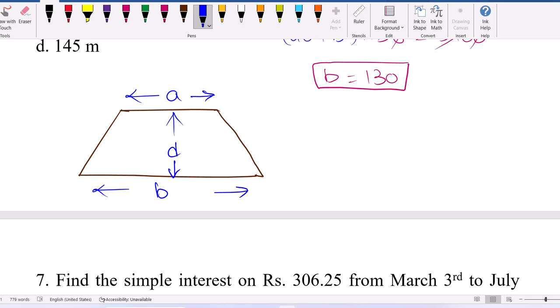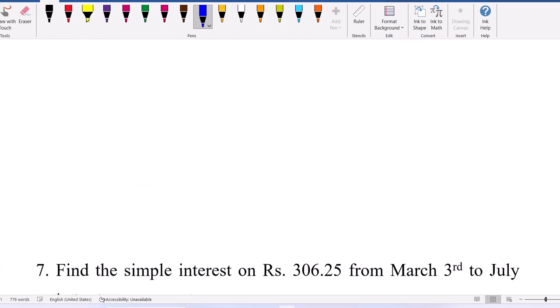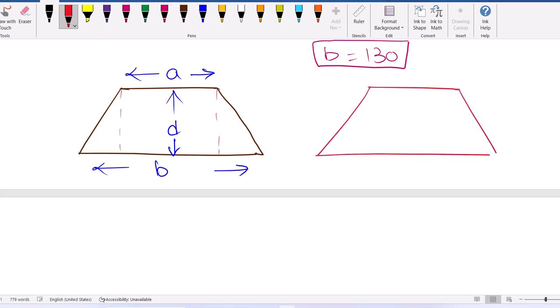So how is the formula developed? If you break the entire shape into three parts, we get a triangle, a rectangle, and a triangle.